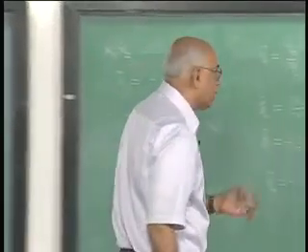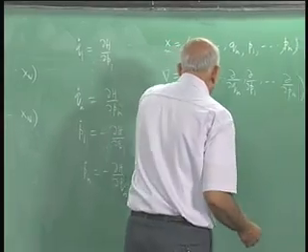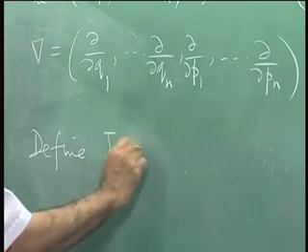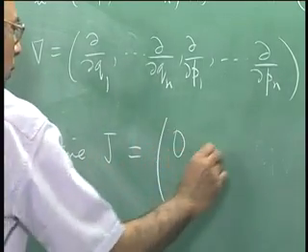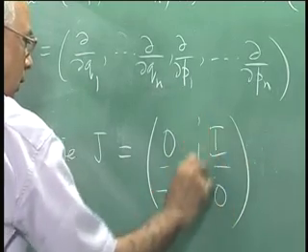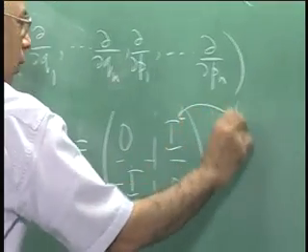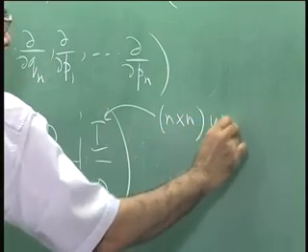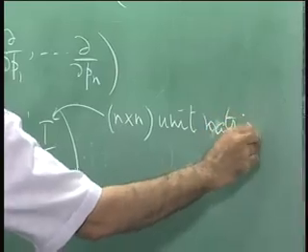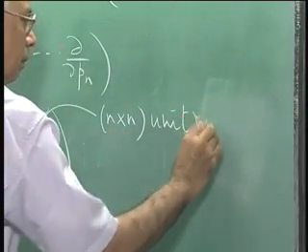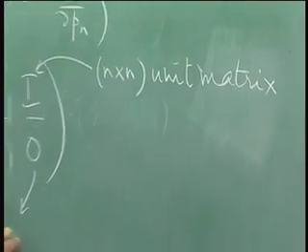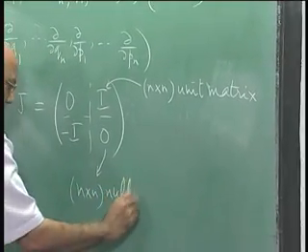However, you can make it look like the gradient as follows. Let us define a matrix J to be equal to 0, the unit matrix, minus the unit matrix, and 0, where this thing is an n by n unit matrix, and this here stands for the n by n null matrix.